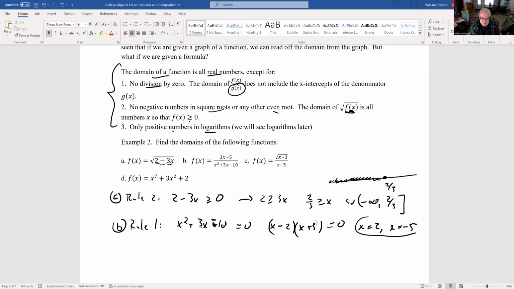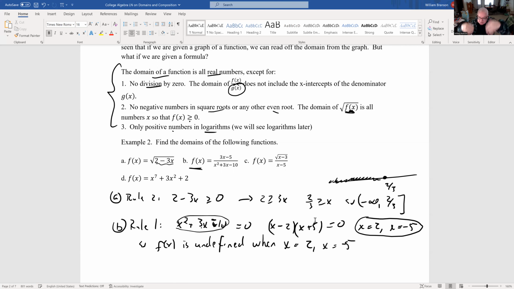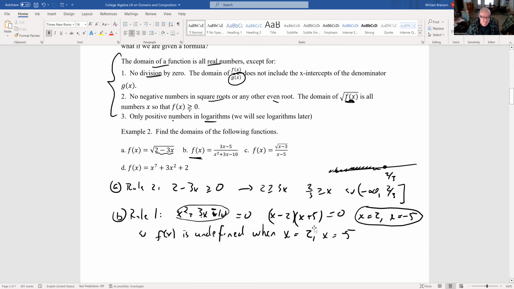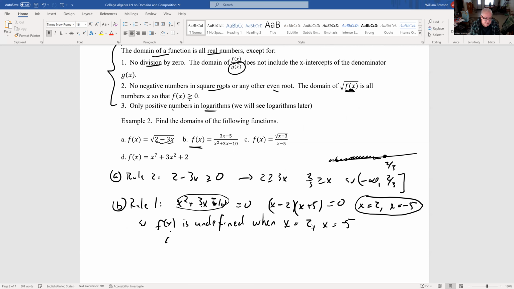Now these 2 numbers are the numbers that make this 0. So f of x in B is undefined when x equals 2 or x equals minus 5, because if you plug those in, then you get 0 in the denominator and something bad happens. So the domain here is, you can write it in 2 different ways.